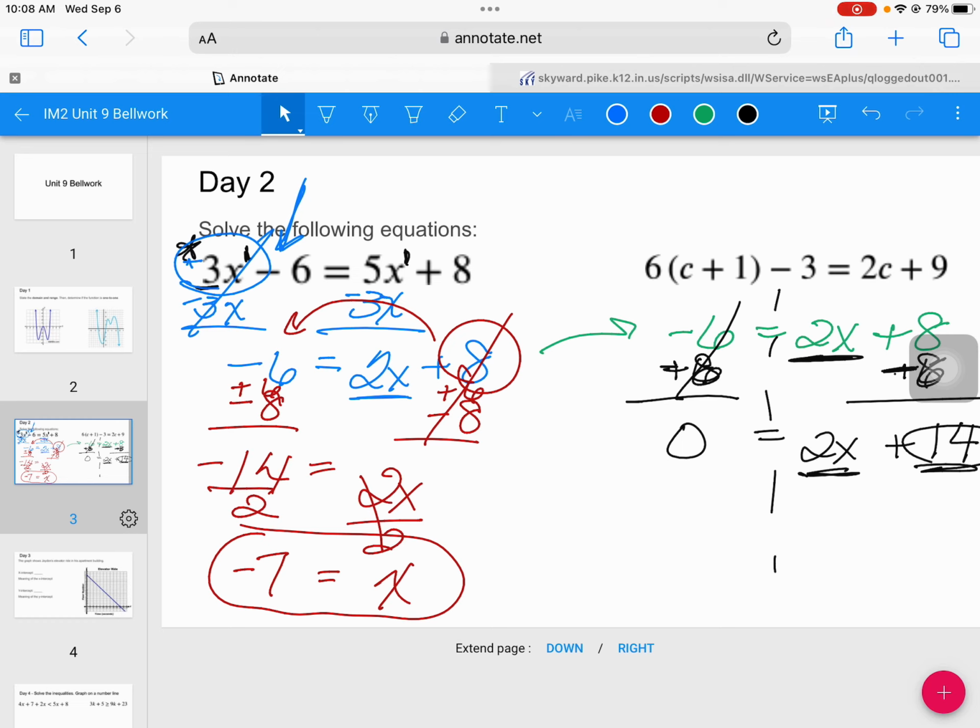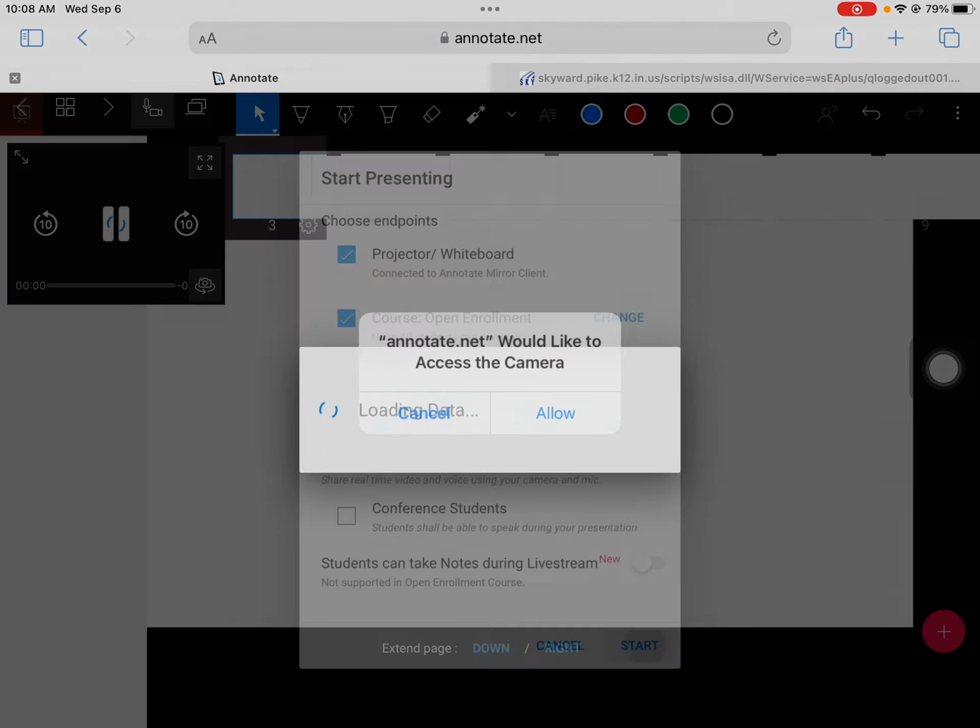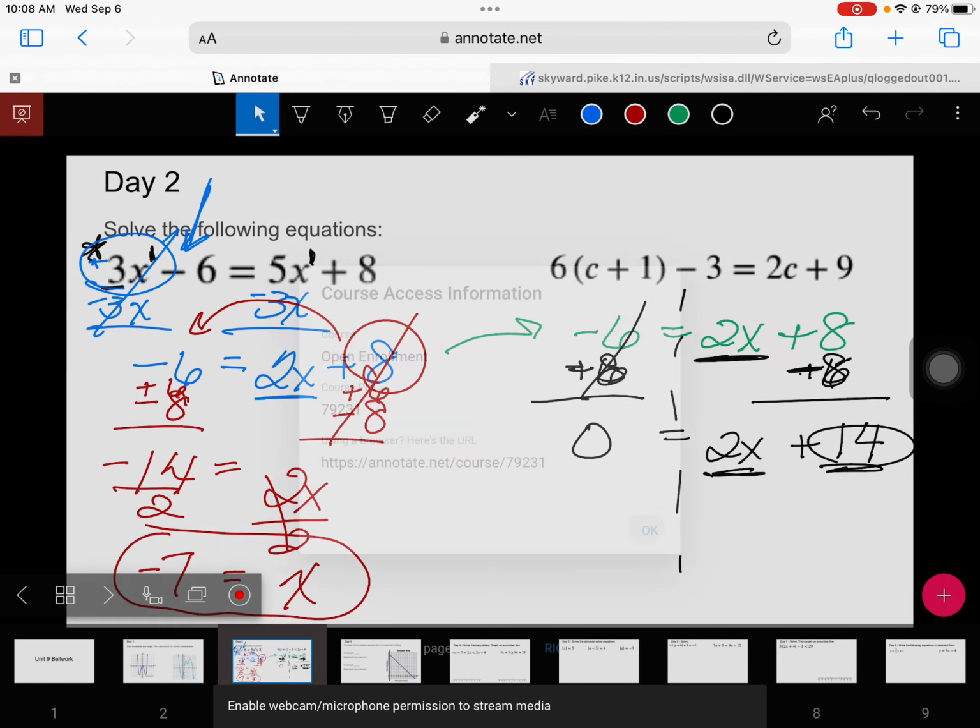Mm-hmm. I still am not sure what that's about. What is that for? Oh, okay. I was like, I don't even know what this is exactly.